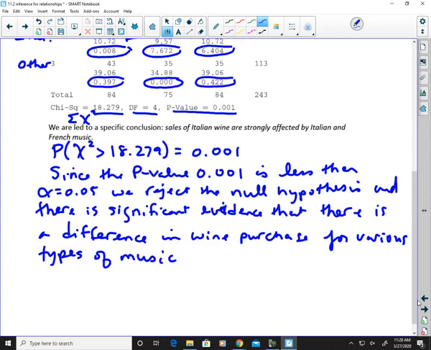And because I had a reject of the null hypothesis, then I need to look at the largest contributor.